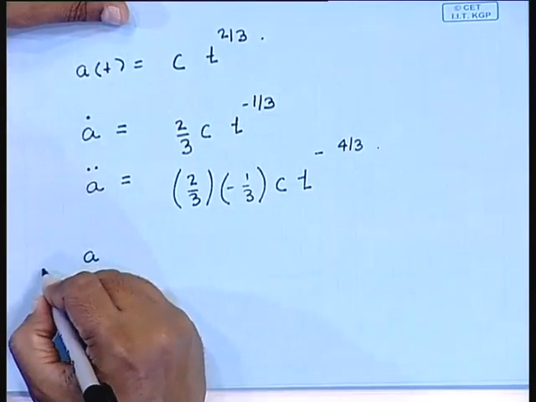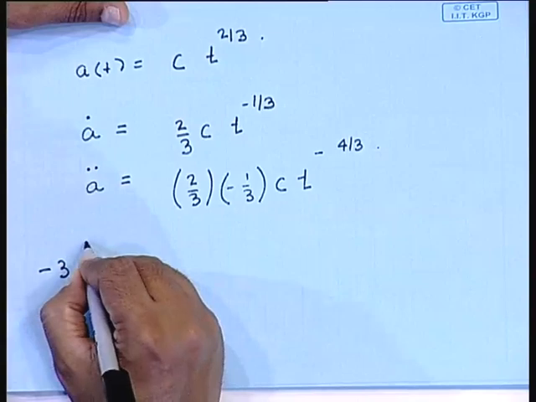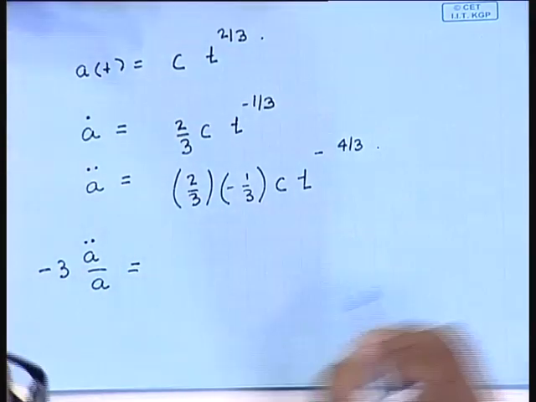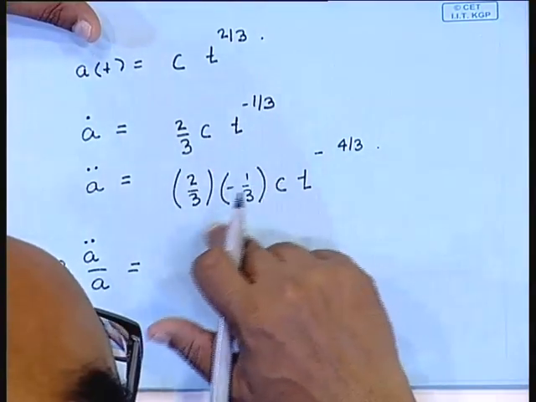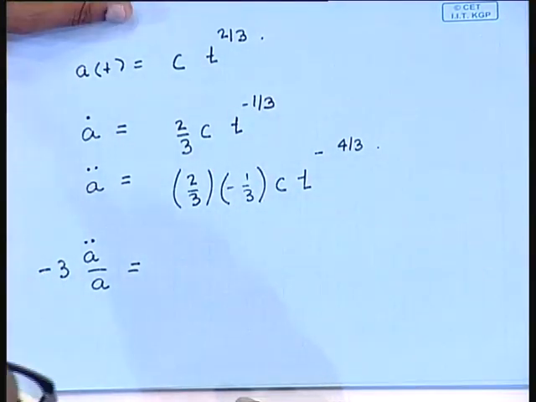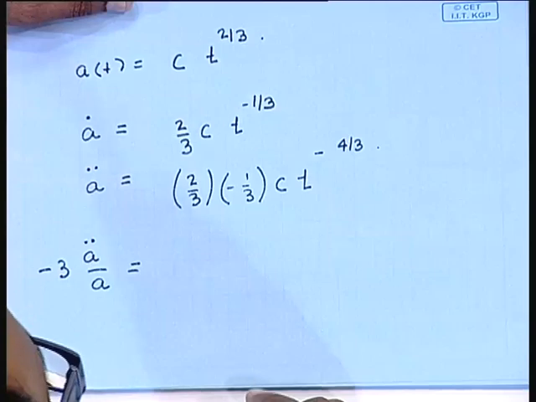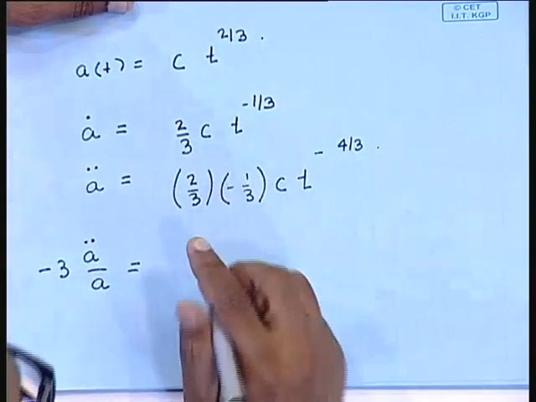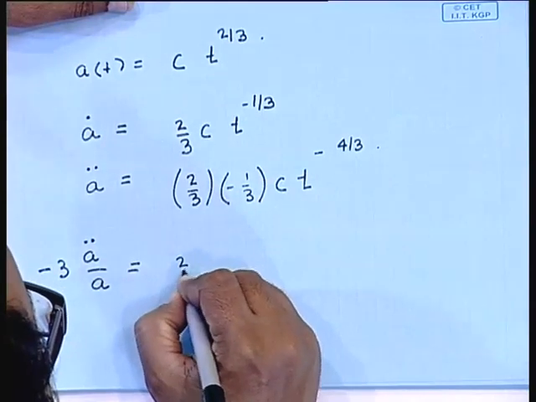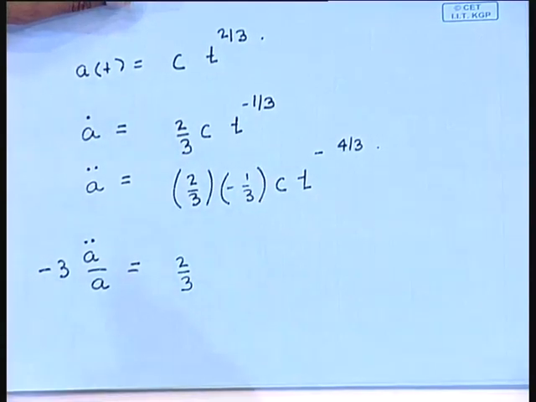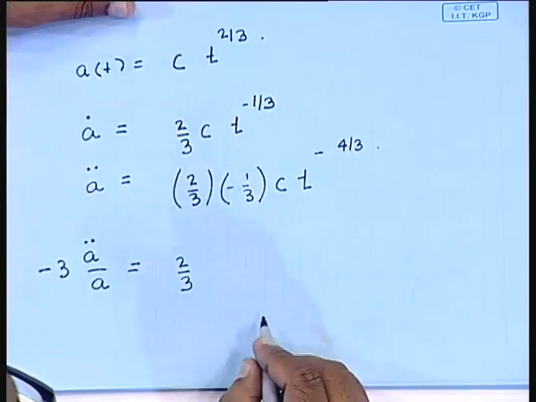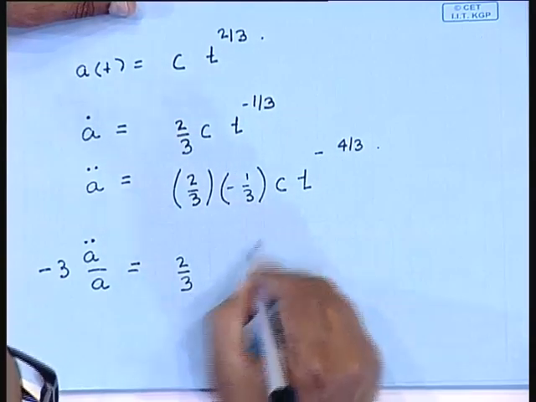So we are interested in calculating minus 3 A double dot by A. So I multiply this with minus 3. Multiplying it with minus 3 means this term is gone. So I am going to have this equal to 2/3 C t to the power minus 4/3 divided by t to the power 2/3.